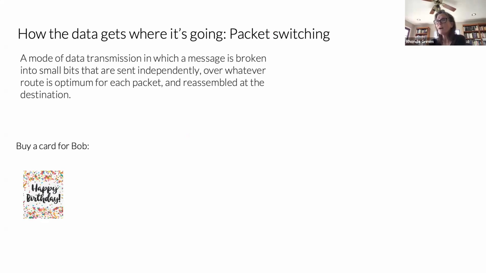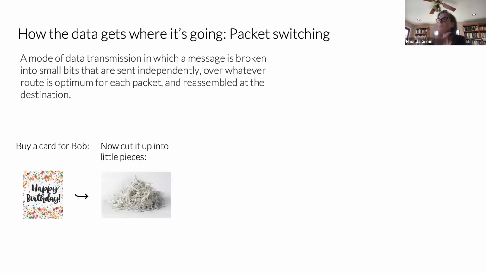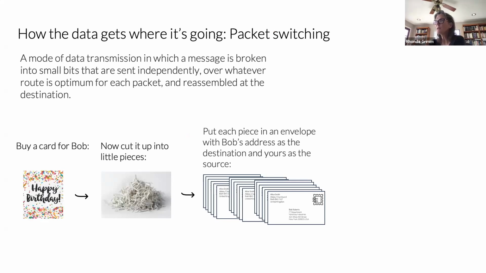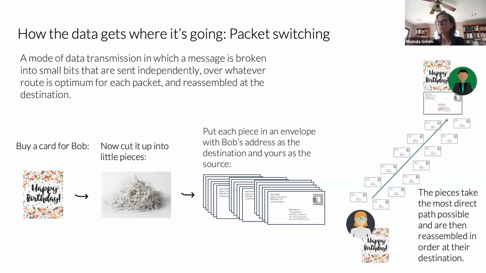You get the birthday card for Bob, then you tear it up into a bunch of little bitty pieces. Then you put each little piece in an envelope with Bob's address as the destination and yours as the source, and you send it the most direct way possible. All those little bits are reassembled in the proper order at their destination.